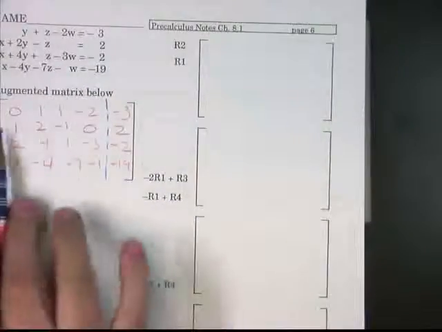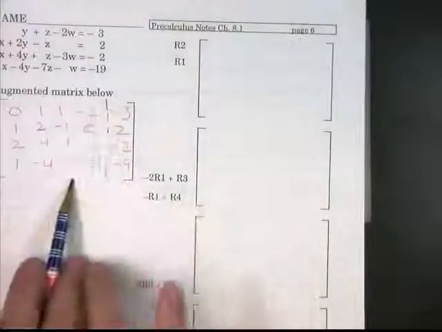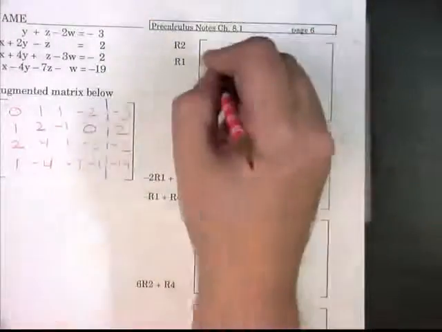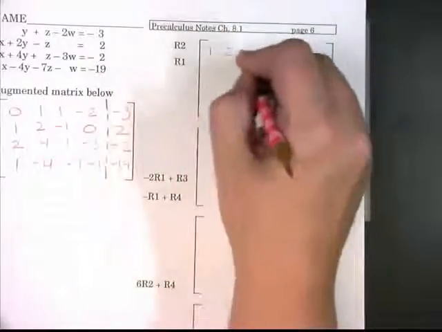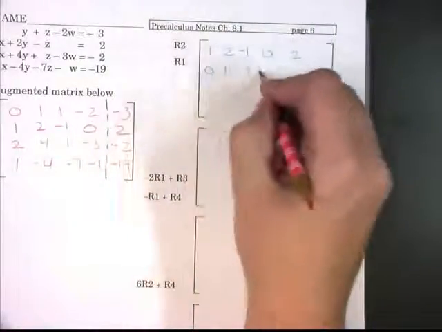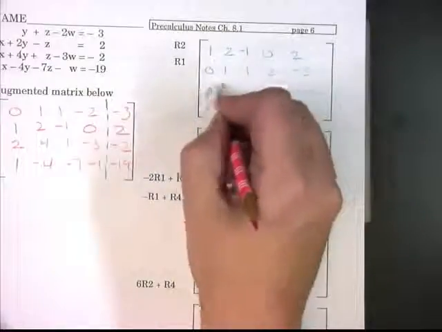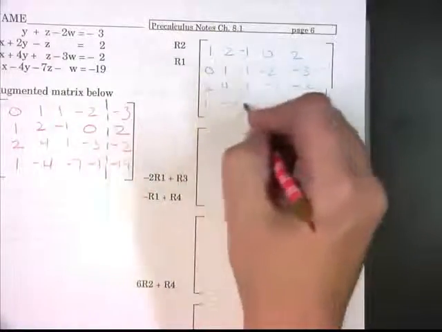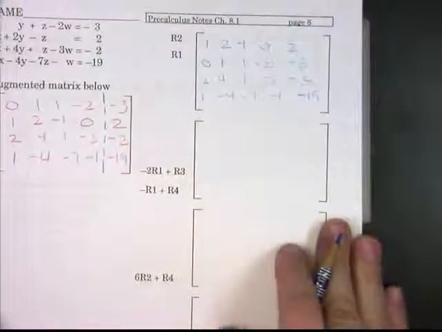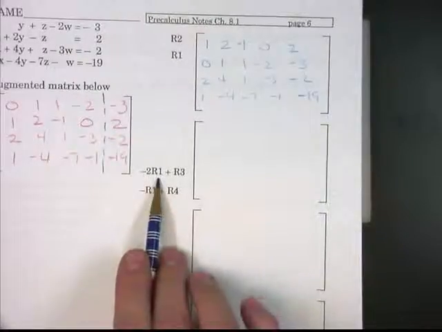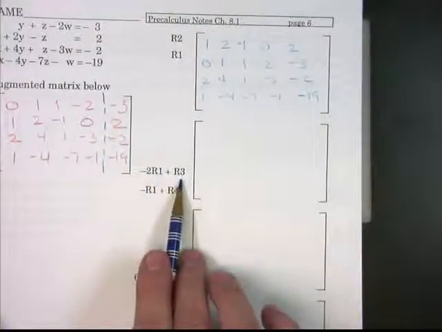So here we have our augmented matrix, and it says we want to interchange row 2 and row 1. So that's the only thing that's going to change. Everything else, row 3 and 4, are going to stay. Then it says I'm going to take -2 times row 1, and add it to row 3.